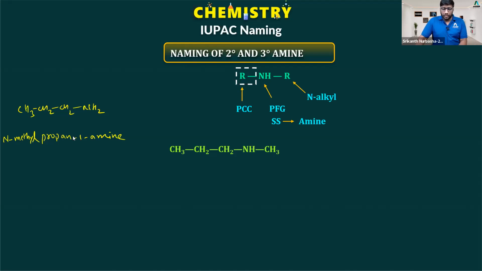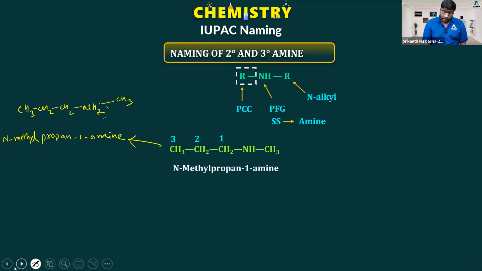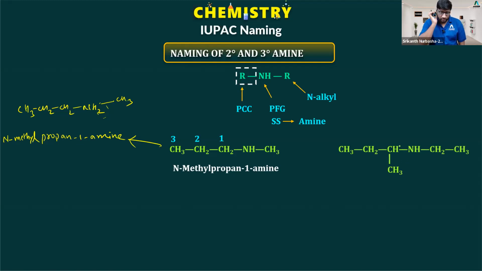Out of two hydrogens on the nitrogen, one has been replaced by a methyl group, so N-methylpropan-1-amine is going to be the correct name for this compound. Now, what is the name of this compound, CH3CH2CH(CH3)NHCH2CH3? All of you give the names of these compounds.